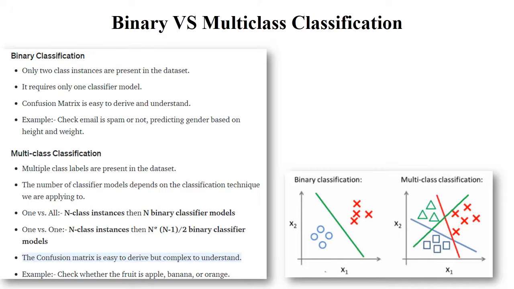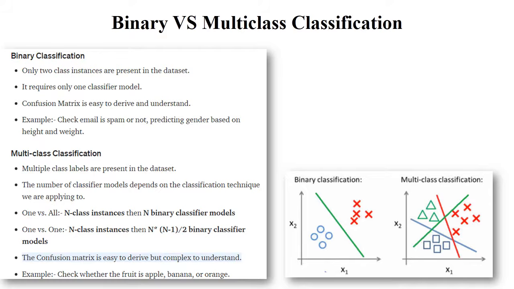See here, the green line represents a classifier, there is only one classifier, but in multi-class classification there are n number of classifiers. See, green, blue, red means n number of classifiers are there. So one versus one uses a particular formula to generate classifiers, and in binary classification they use a confusion matrix, easy to derive and understand, for evaluation purposes. And in multi-class classification, the confusion matrix is easy to derive but complex to understand.